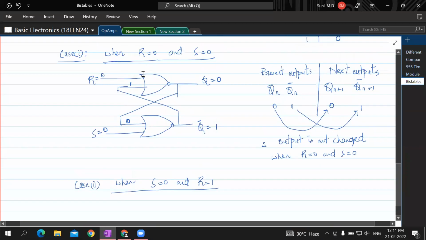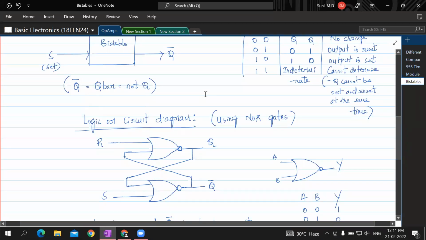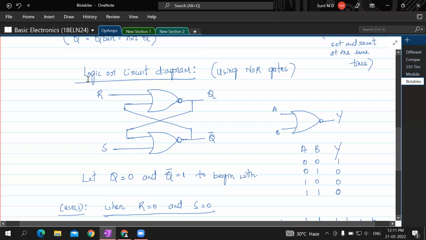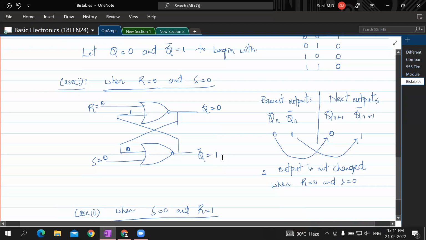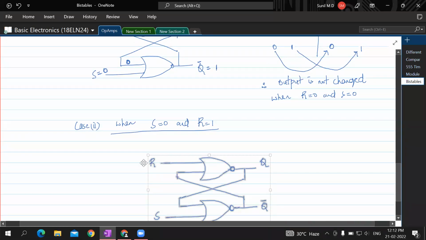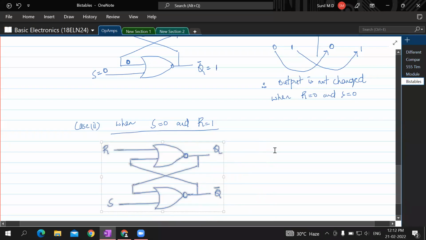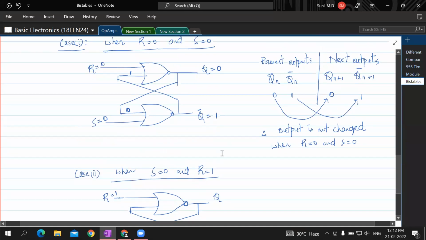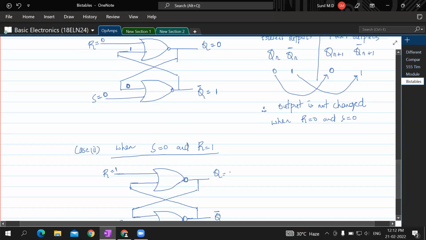Okay. Now let's take the same diagram. Everybody just see here. Now, what is R? R is 1, S is 0. Previously, Q and Q bar were 0 and 1.